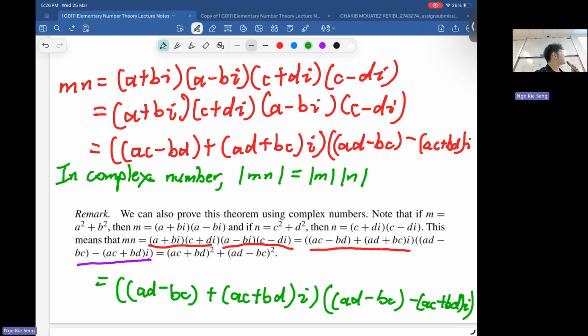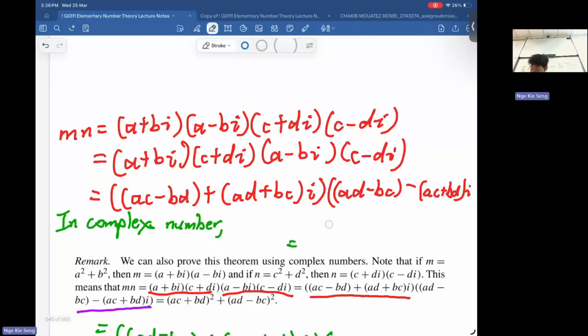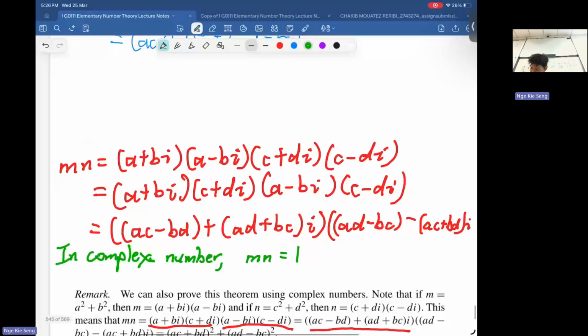So in this case, this mn here is actually the norm of a plus bi times c plus di.